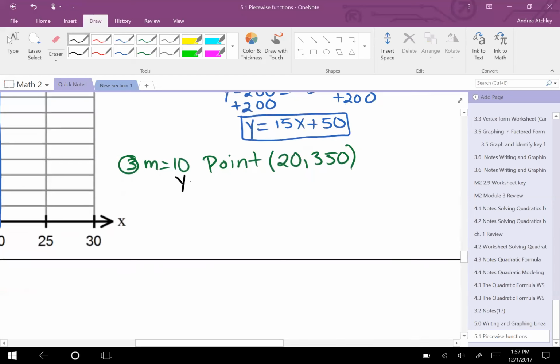So we get y minus y1 equals m times x minus my x1. We're going to plug it in. y minus 350 equals 10 times x minus 20.